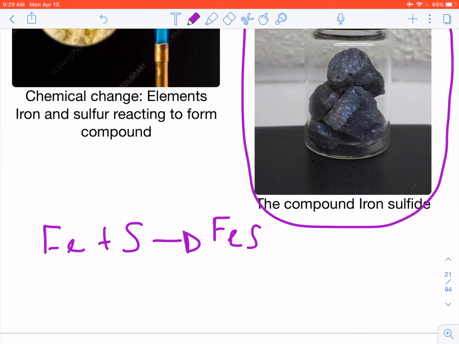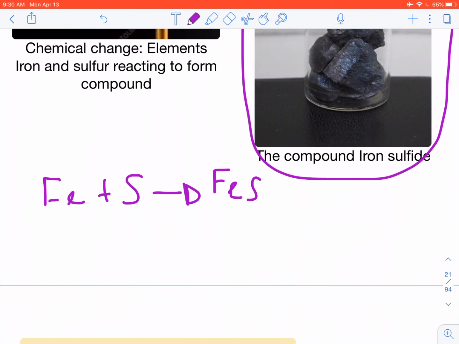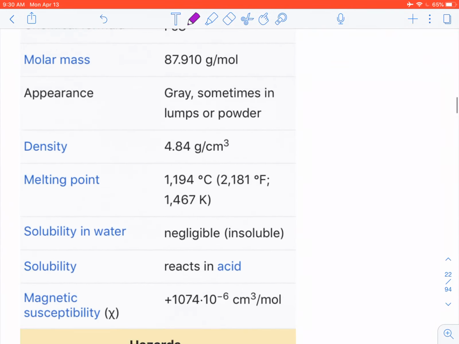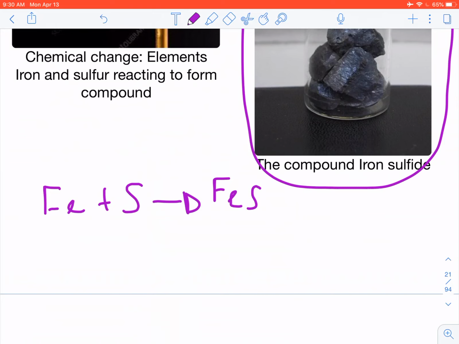And we know iron sulphide is an ionic substance. We know iron is a metallic substance, and sulfur is a molecular substance. But in any event, sulfur normally exists not as a single atom but as a molecule that has 8 atoms. So it's like Fe plus S8, right?